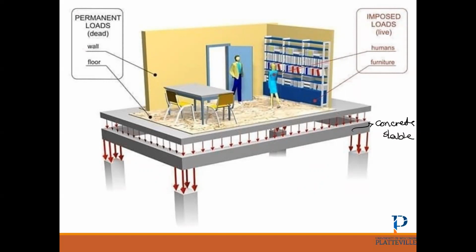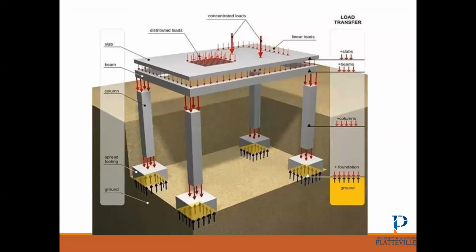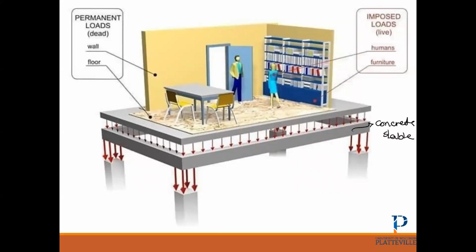And we have two types of force. One type is dead load. What is dead load? It's like wall, floor, the load that is always in the structure. So we call it dead load because they are always there.